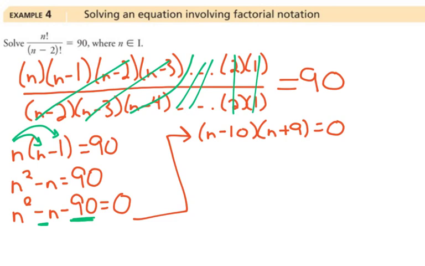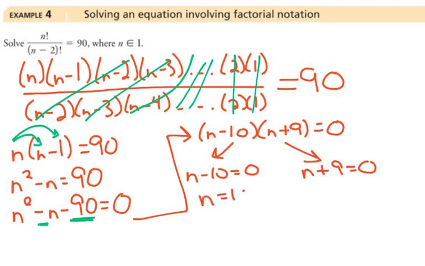And once we get to this point, once it's factored, we split off the equation both ways, knowing that either n minus 10 could equal 0 or n plus 9 could equal 0. Solving for n, on the left we get n equals 10. On the right we get n equals negative 9.